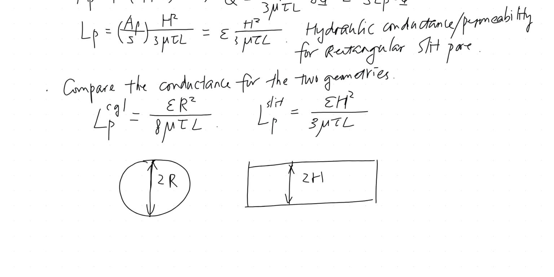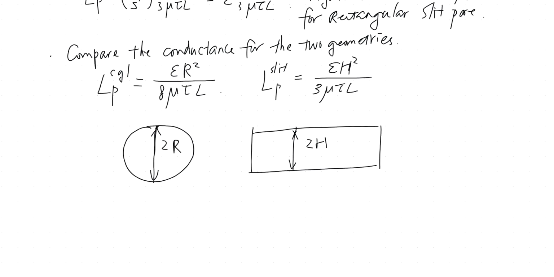If you have membranes with pores of this type of geometry, and they have the same height or diameter, well, you cannot really use height for a circle, and you cannot really talk about diameter for a rectangle.